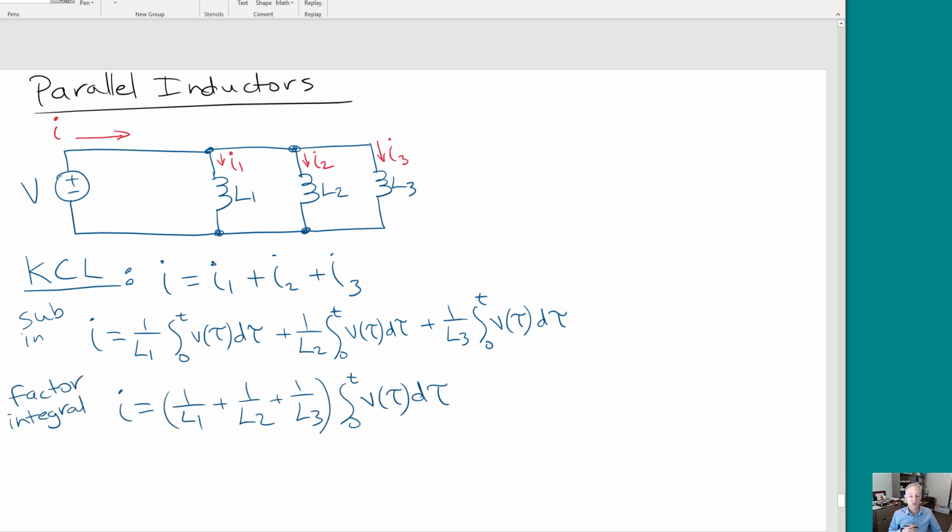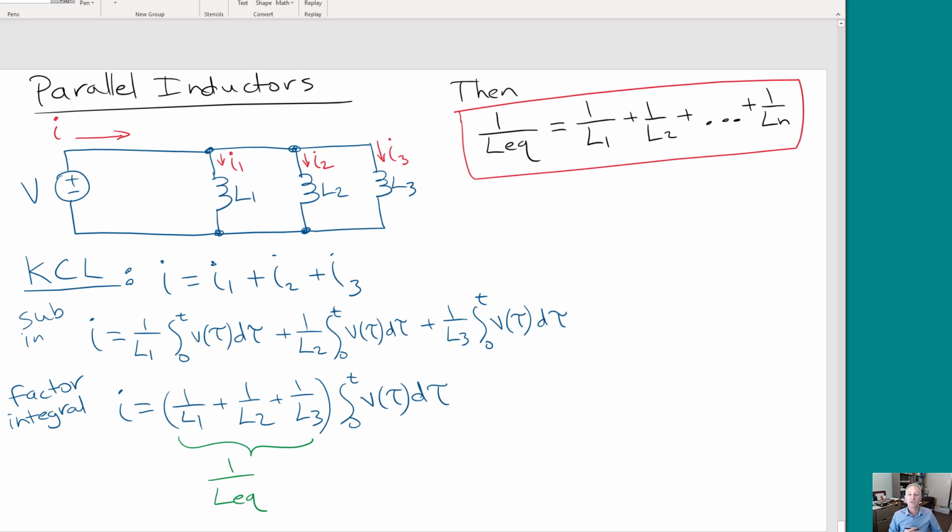So then we can factor out the integral and take out the 1 over L1 plus 1 over L2 plus 1 over L3. Then we can call that sum 1 over L equivalent, just like what we did back when we were doing series capacitors.